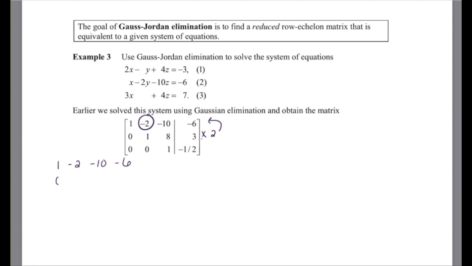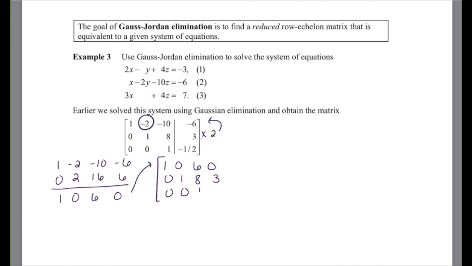And the middle row will be 0, 2, 16, and positive 6. Adding these together, I'll have 1, 0, 6, 0. That will then be our new top row. So 1, 0, 6, 0, then 0, 1, 8, 3 stays the same, and 0, 0, 1, negative half.